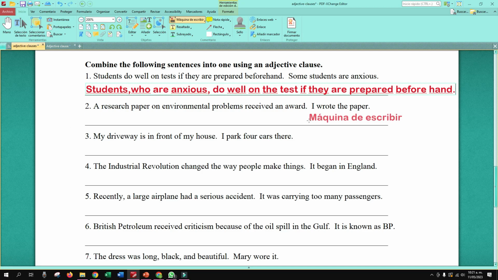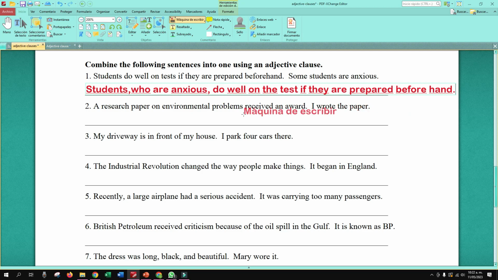So we can combine it in that way. Students who are anxious, that's extra information about the students, and here you are using an adjective clause, do well on the test if they are prepared beforehand, right? So that would be that one.